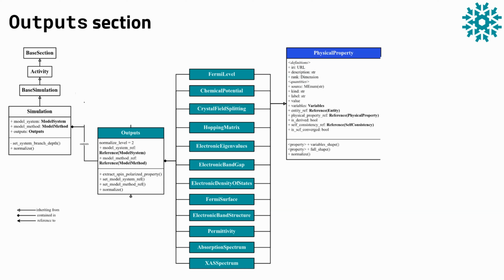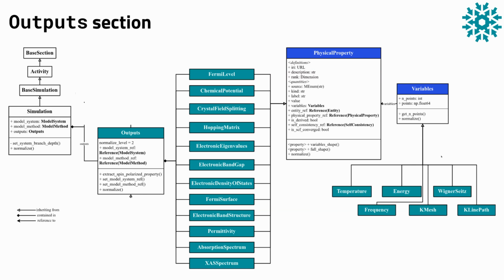All of them are inheriting from physical property, so just take a look at the arrow. All of them are a physical property, and physical property has these variables again. Then you can also have a list of variables that you can define: temperature, energy, frequency, whatever. Also k-points, whatever they're using.